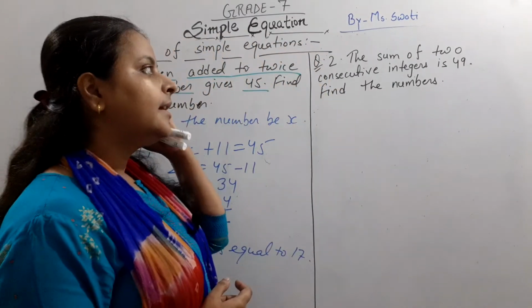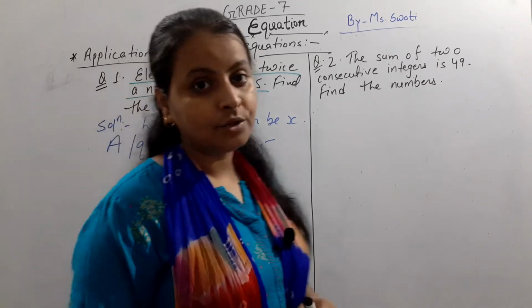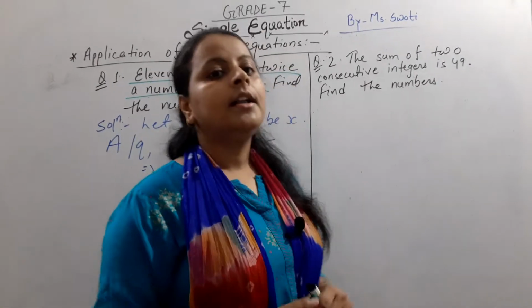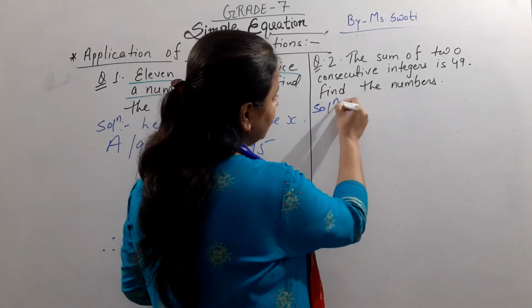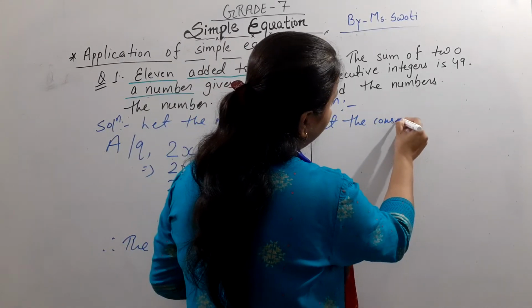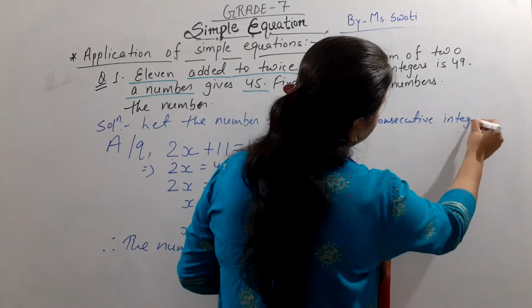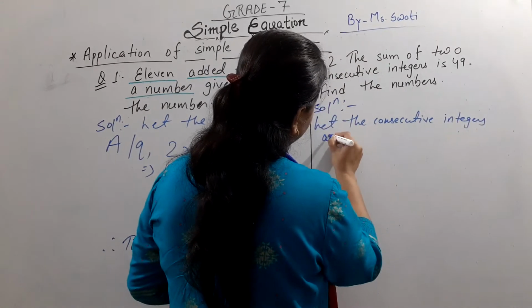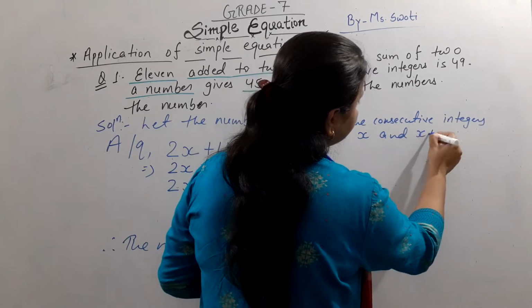So here it is, the sum of two consecutive integers is 49. So what we have to do? First we have to suppose the consecutive integers. So let the consecutive integers be x and x plus 1.